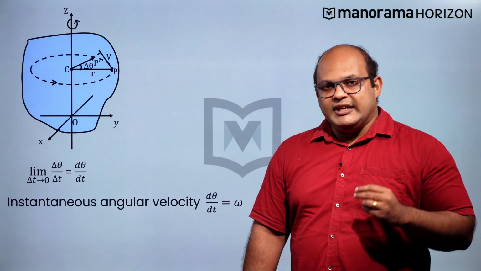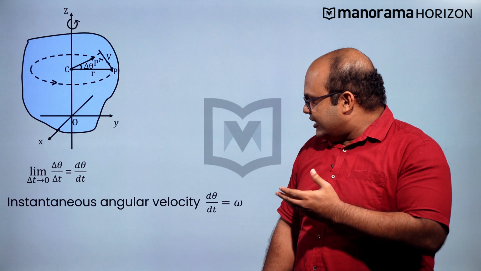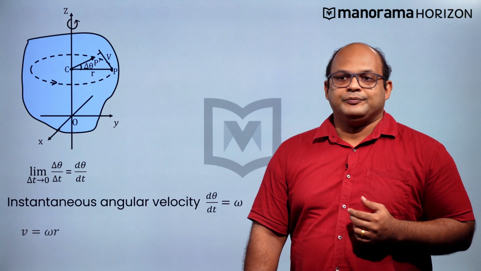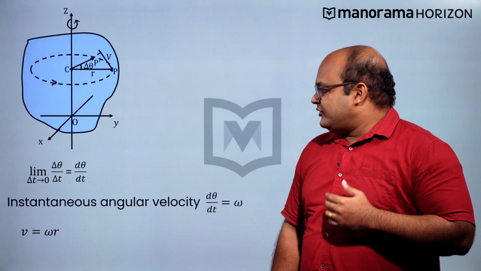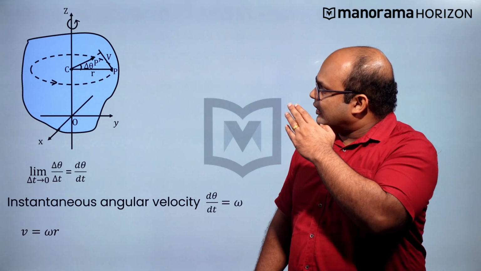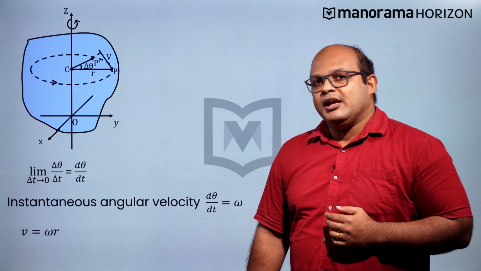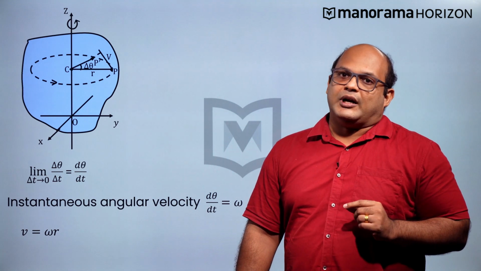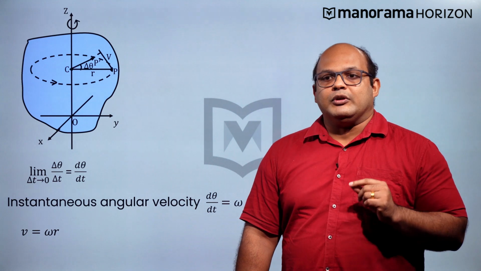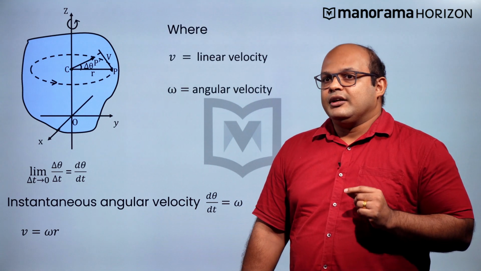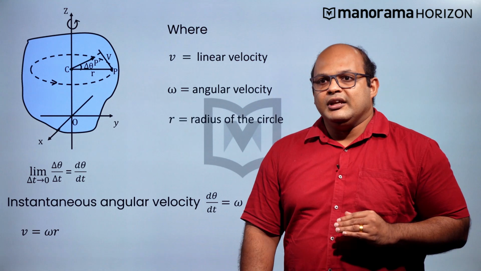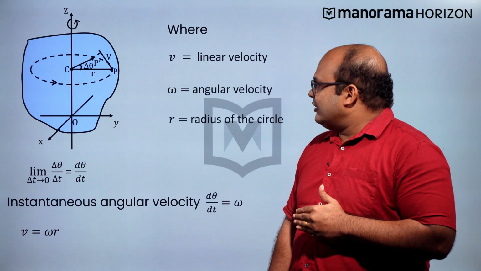This ratio d theta by dt is the instantaneous angular velocity, which is given by the symbol omega. So omega is the instantaneous angular velocity of this particle, which is rotating around the center of rotation c, and the linear velocity of this particle, the tangential velocity of this particle, is given by v is equal to omega r, where v is the linear velocity and omega is the angular velocity, and r is the radius of the circle.